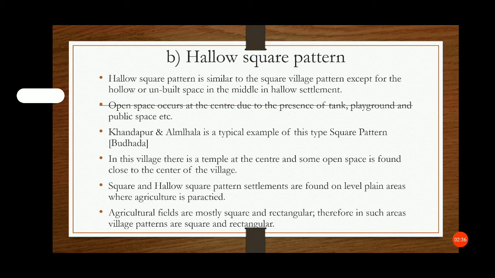Hollow square pattern. The hollow square pattern is similar to the square village pattern except for the hollow or unbuilt space in the middle of the settlement. Open space occurs at the center due to the presence of a tank, playground, and public space.